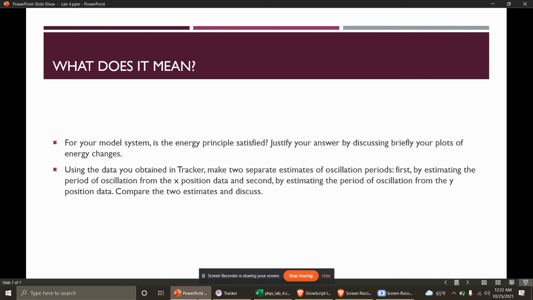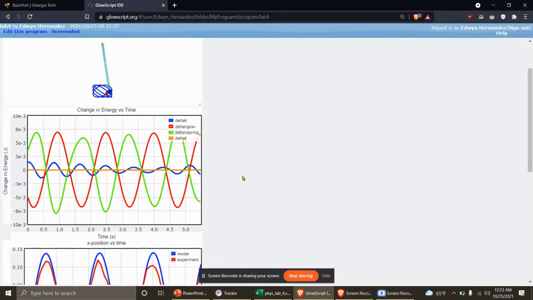So what does this all mean? For my model, the energy principle is satisfied because in the graph for the changes in energy, we can see that delta E, the line in orange, is constant. It's 0, so it cancels everything out.